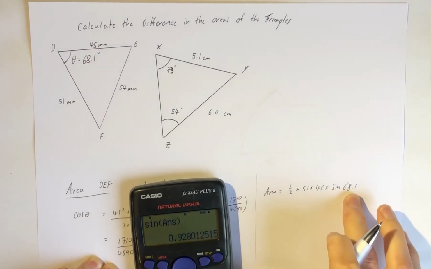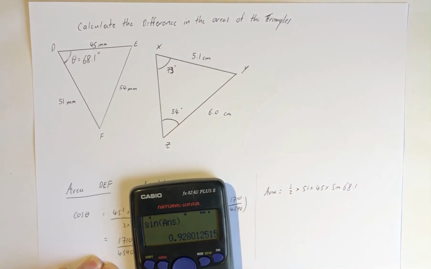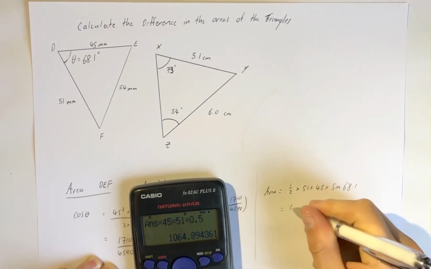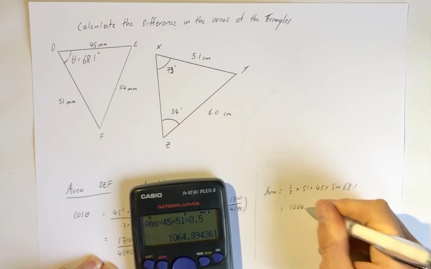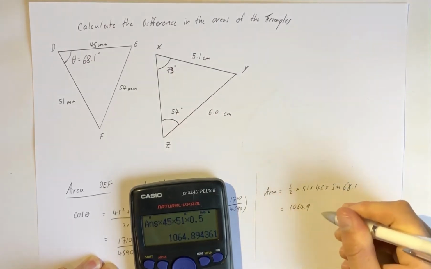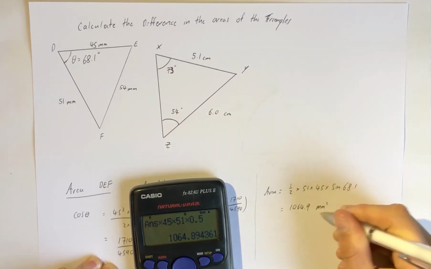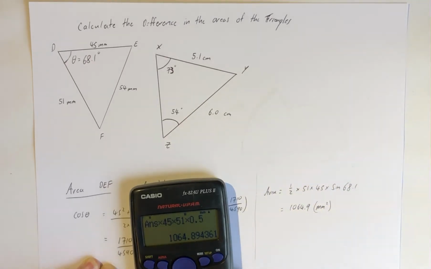Cool, I've sine answer there, I've decimalised that angle, times it by 45, times it by 51, and times it by a half, and I get 1064.9 millimeters squared. So I've actually got the units in my answer.